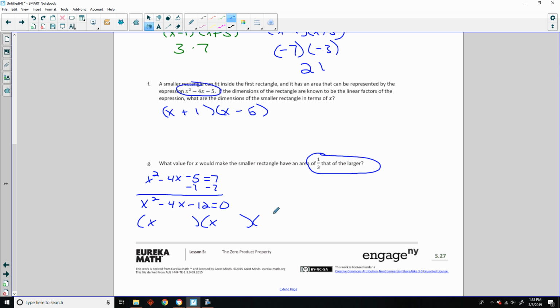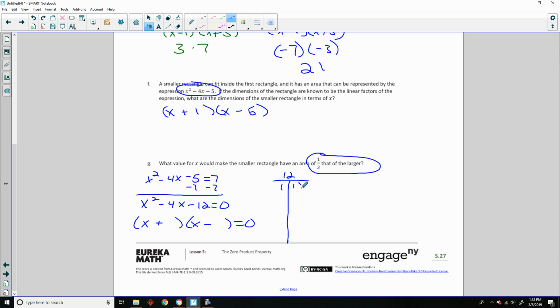Factors of C that add up to B. C is negative, so one is positive, one is negative, and B is negative, so the larger factor of 12 is the negative factor. Factors of 12.